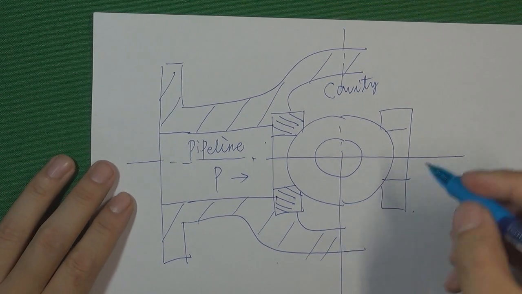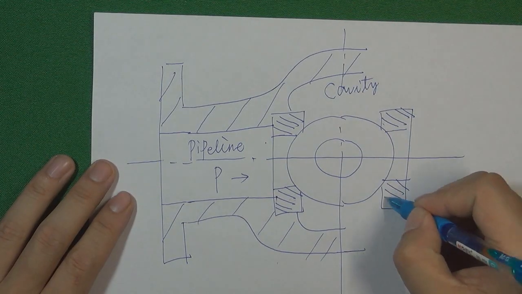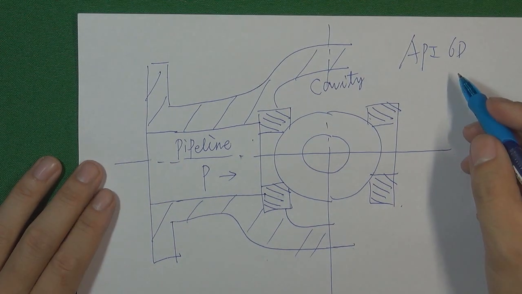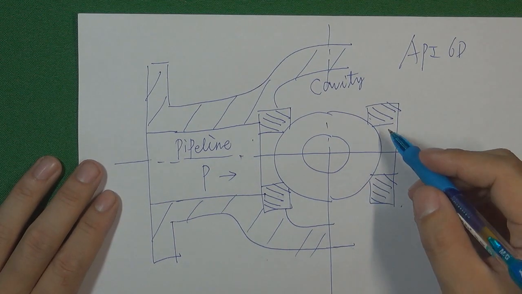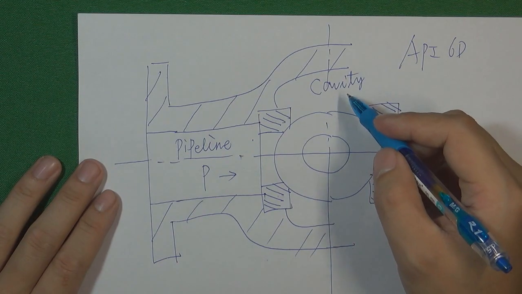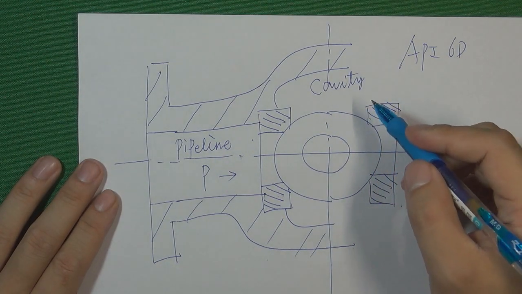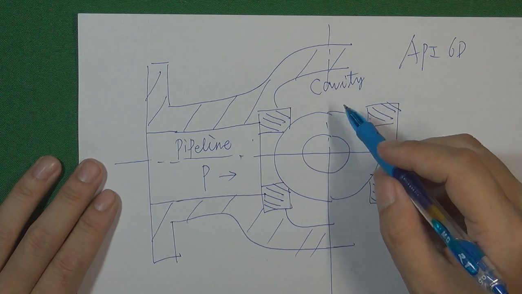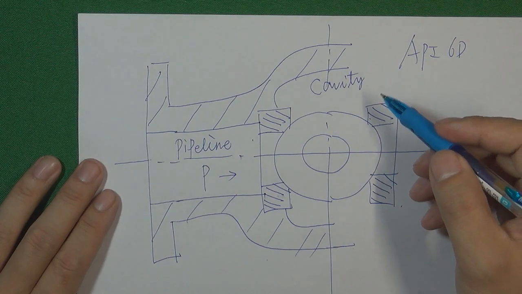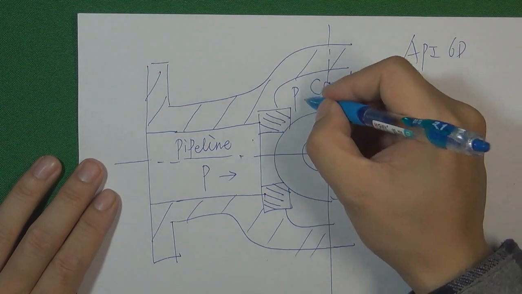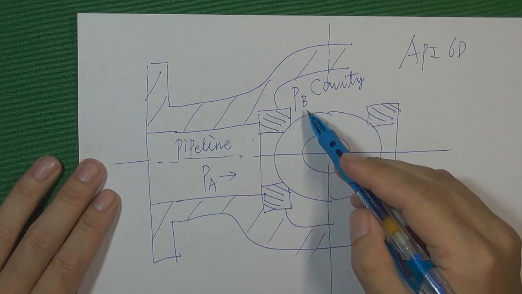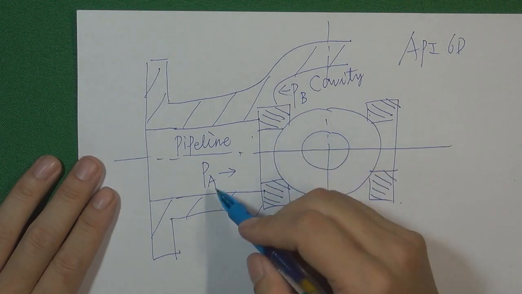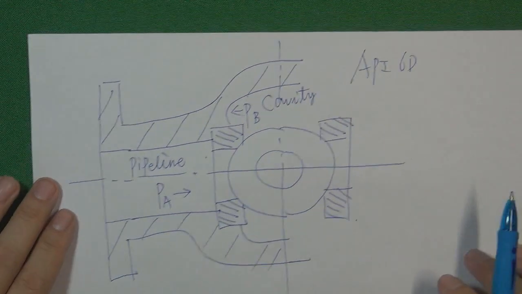Because this kind of ball valve will work in the API 6D industry, where a lot of flow media are very sensitive, the medium inside the cavity will have pressure, because the outside temperature is going to change and the pressure inside the cavity also changes. So the pressure inside the cavity, pressure B, can even be higher than pressure A. So one valve seat will get two kinds of pressure acting on it.